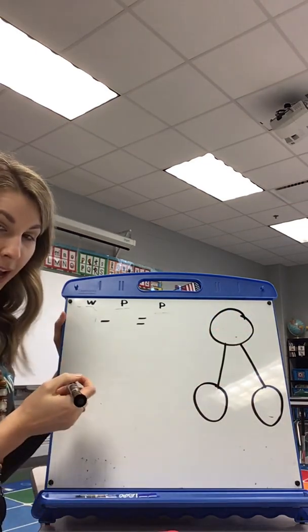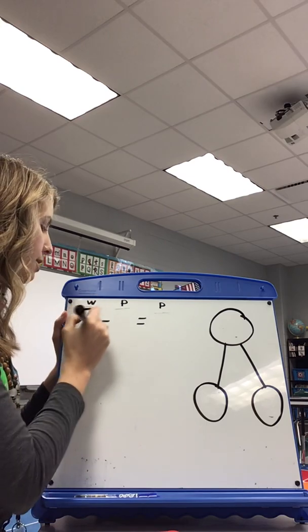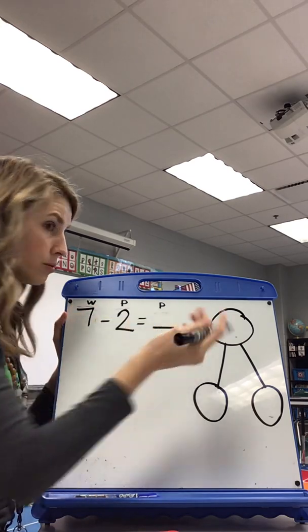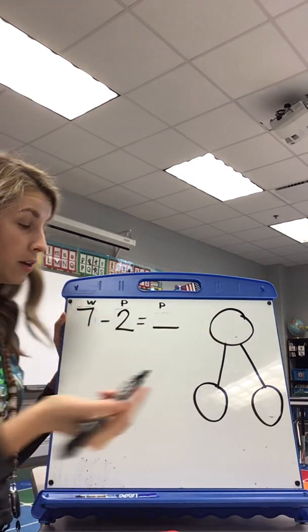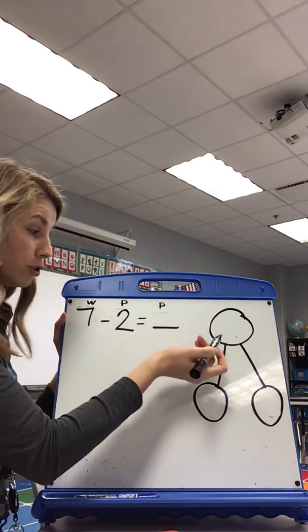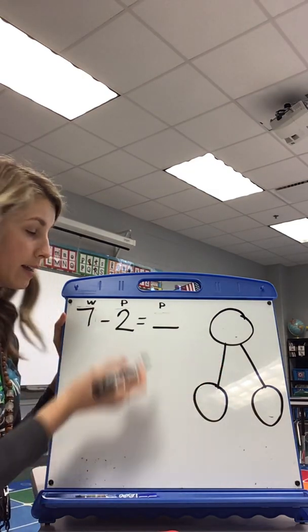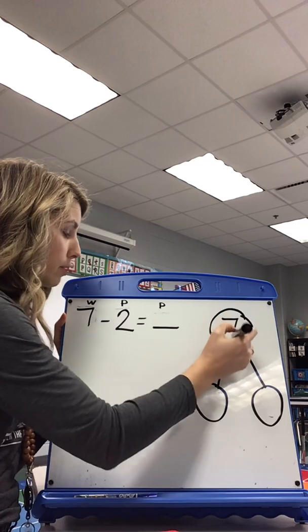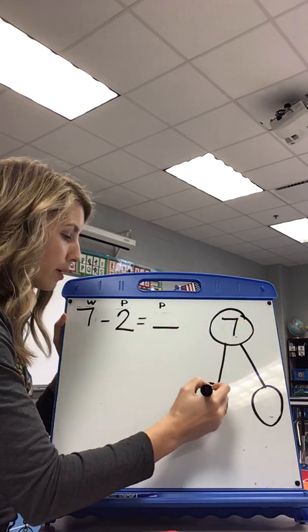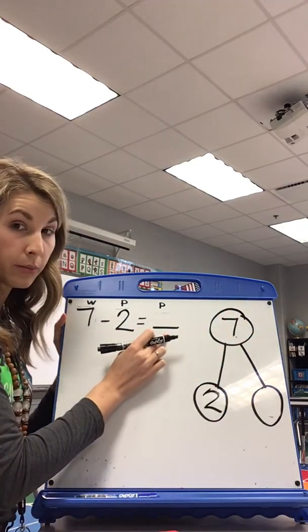Okay, our next one is going to be 7 minus 2 equals, we don't know. First things first, fill out your number bond to help you see it. 7 is the whole number, 2 is the part. We don't know the other part.